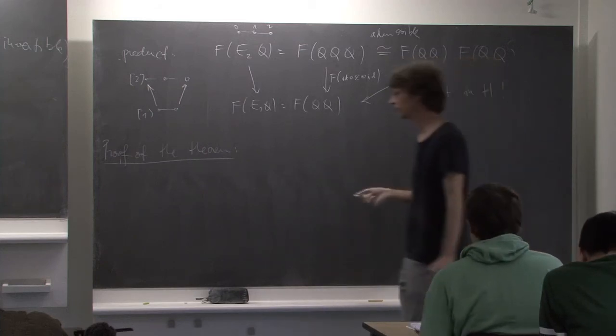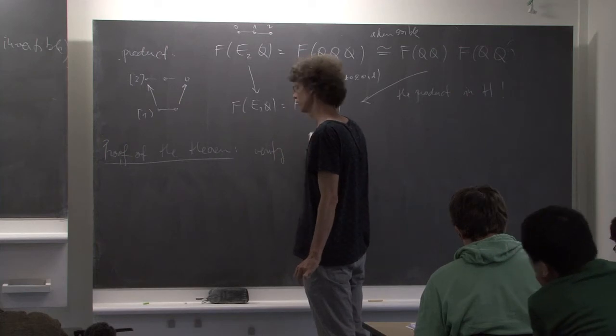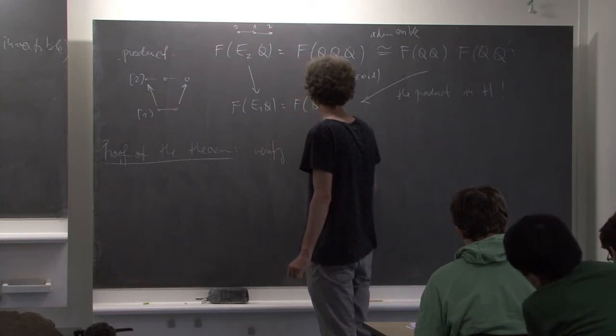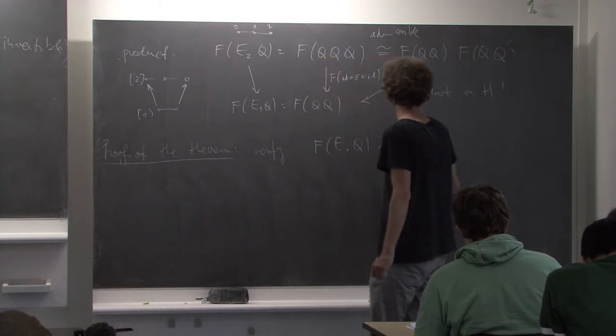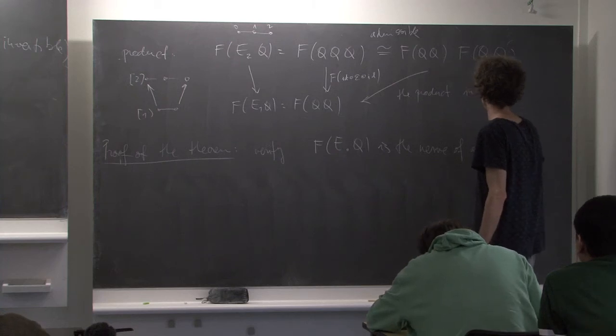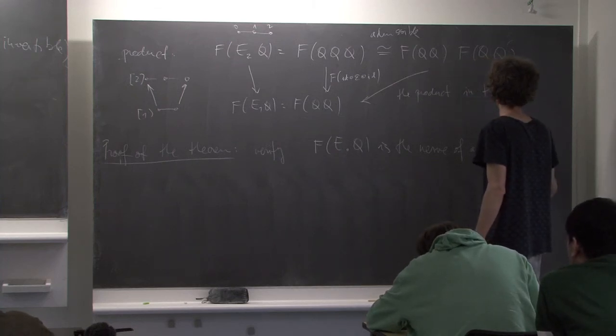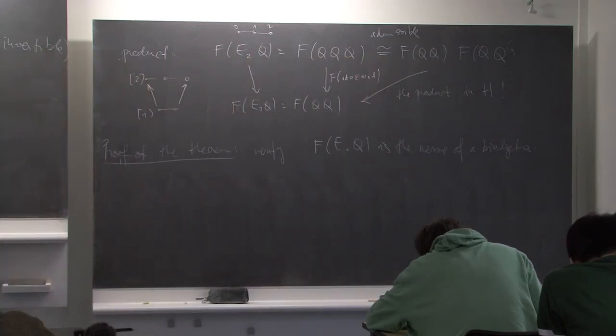So we just need to verify that F of EQ is the nerve of a bialgebra. And so what should we do for that?